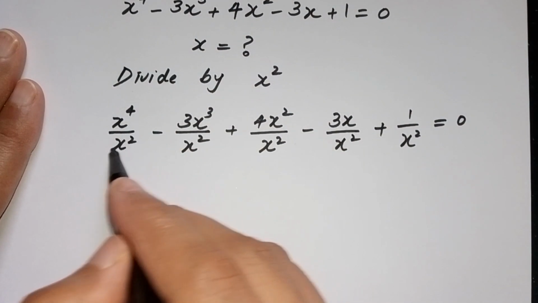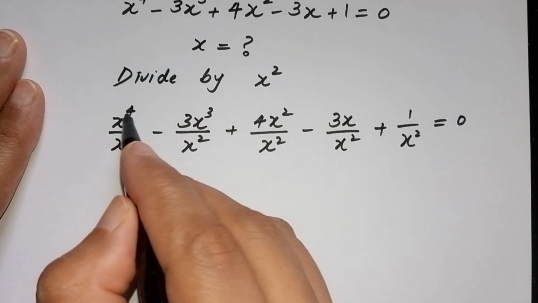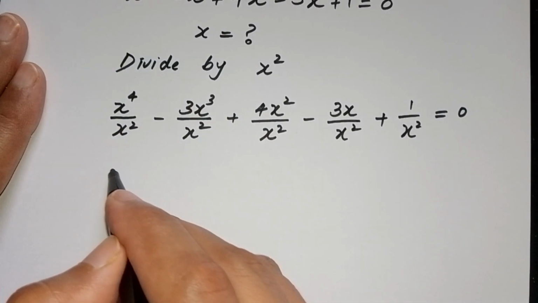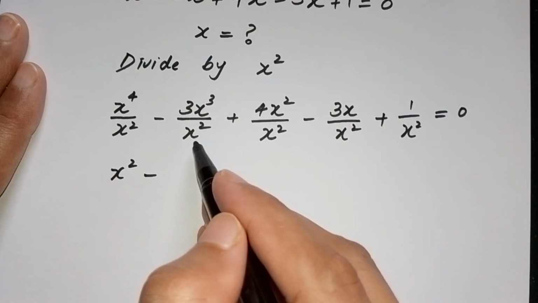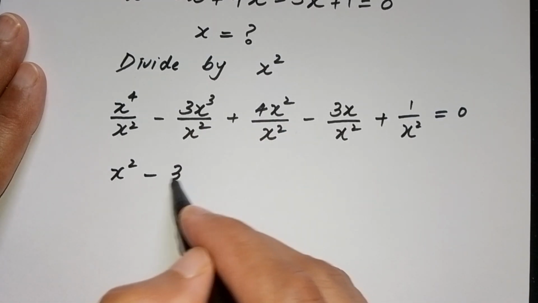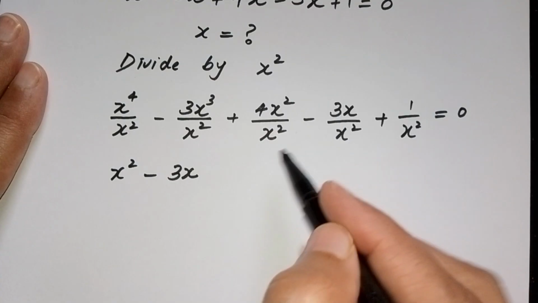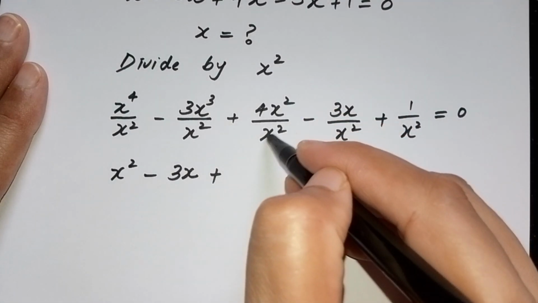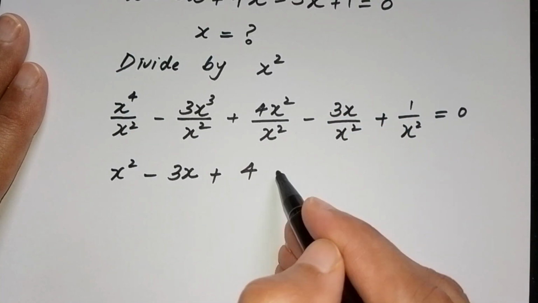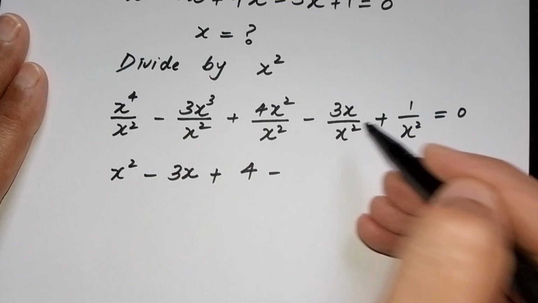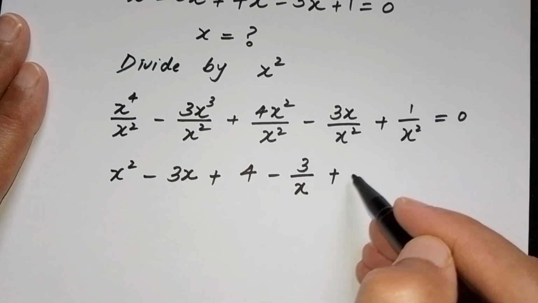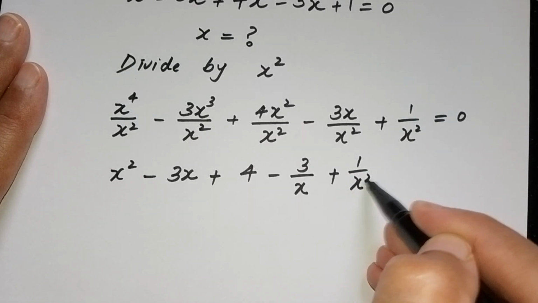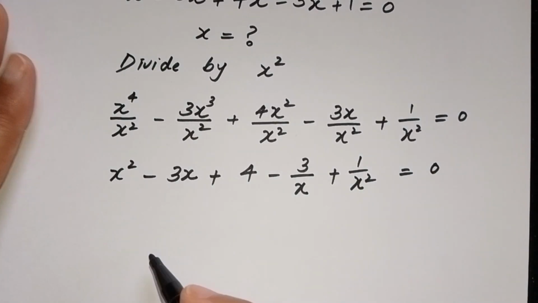In the next step, x^4 divided by x^2 will give x^2, minus 3x^3 divided by x^2 will give 3x, plus 4x^2 divided by x^2 gives 4, minus 3x divided by x^2 will give 3 over x, and plus 1 over x^2 will remain the same, equal to 0.